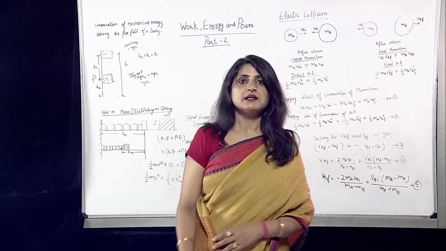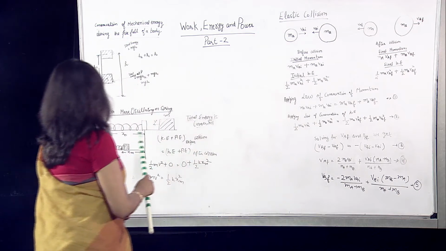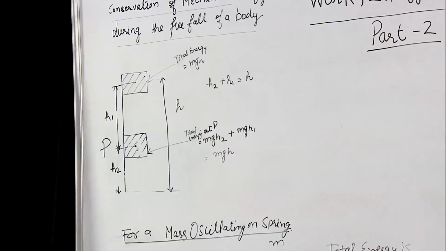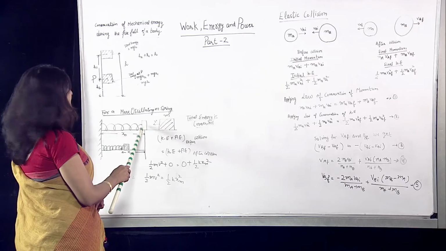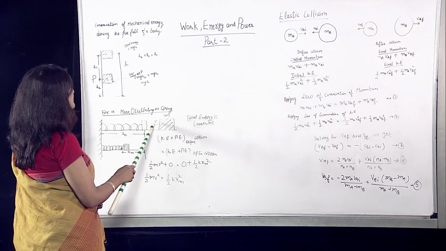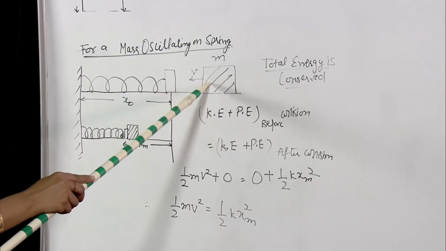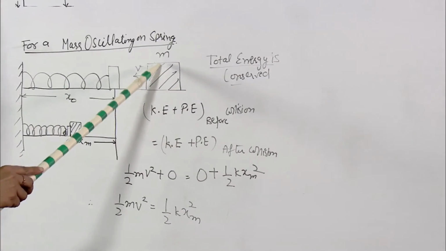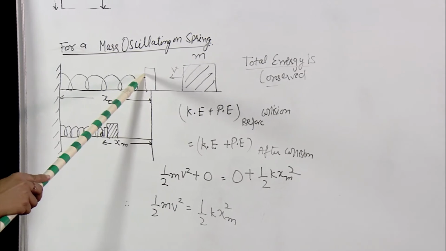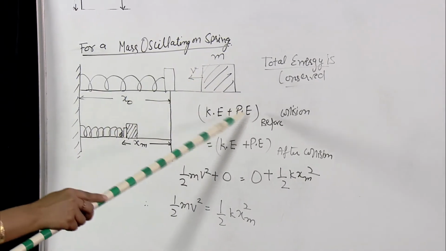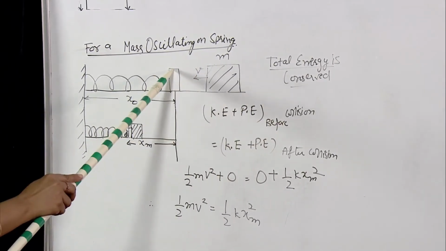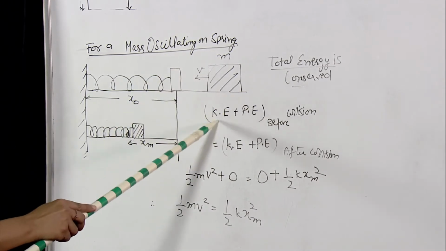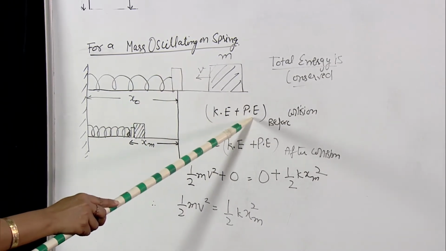For this case, let us consider there is a spring which is attached to a mass m, and then there is another mass which is moving with a velocity v. The spring is fixed rigidly to this wall and this mass is moving towards this spring. Initially, that is before collision, the sum total of energy is equal to kinetic energy plus potential energy.